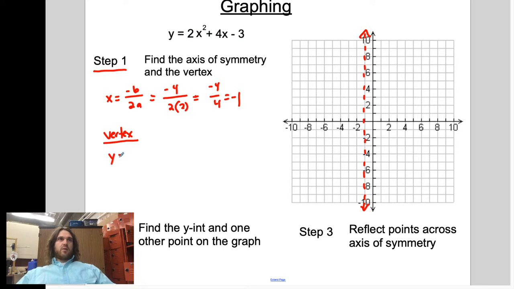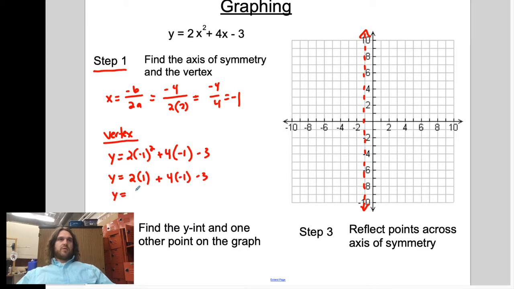So we can say y equals 2 times negative 1 squared plus 4 times negative 1 minus 3, which will give us y equals... negative 1 squared is 1. Following order of operations, I'll do my exponents first.